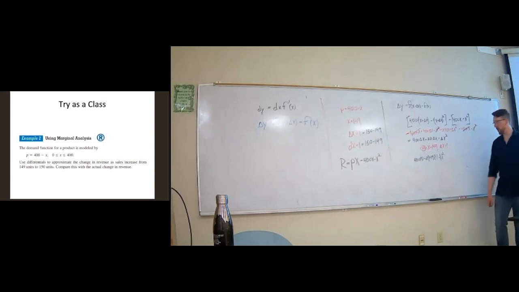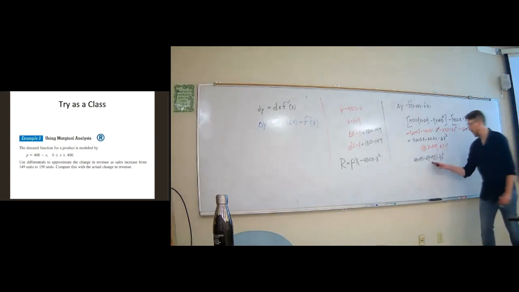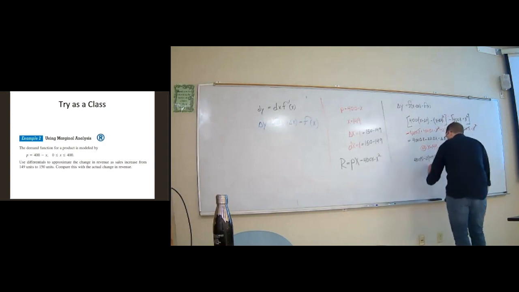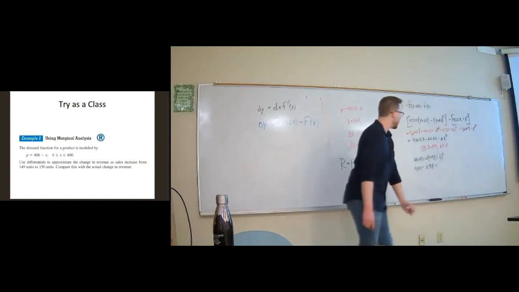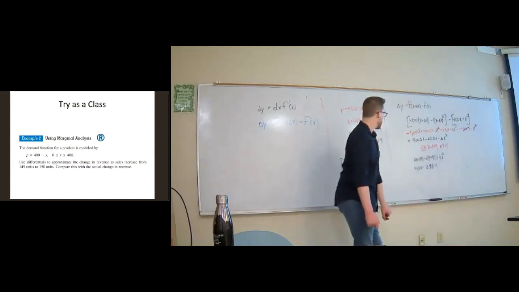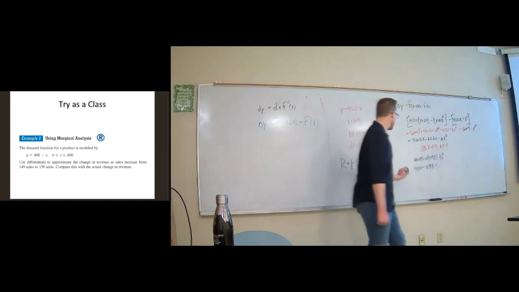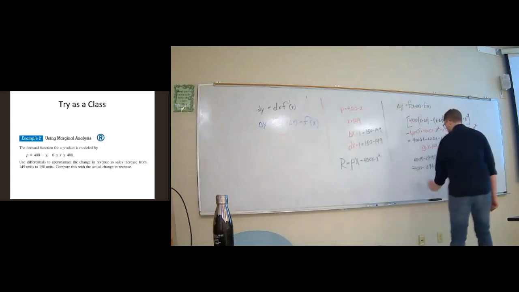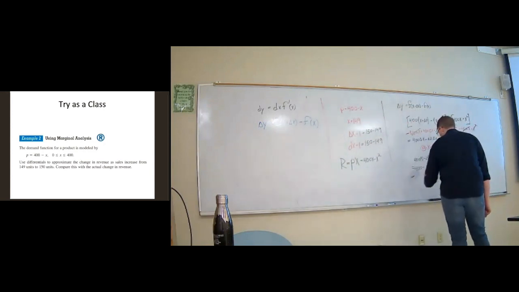Well, this is going to end up being 400 minus 298 minus 1. Sorry, I said that backwards. Which is going to come out to be 400 minus 299, or 101, right?